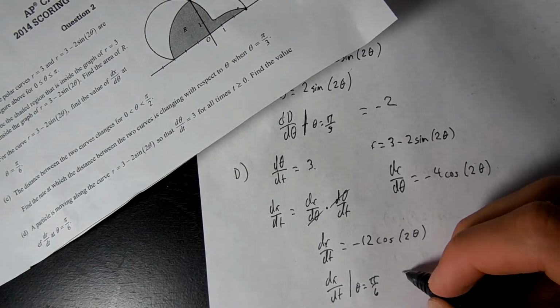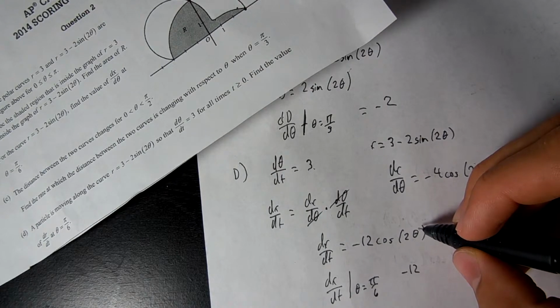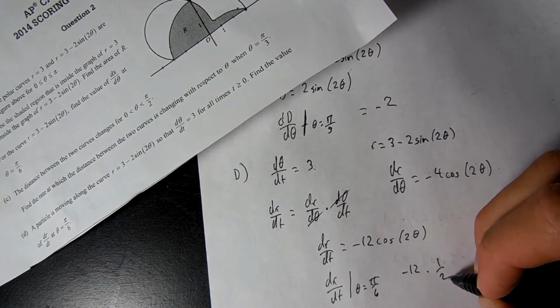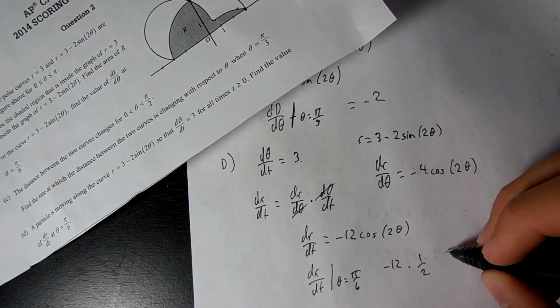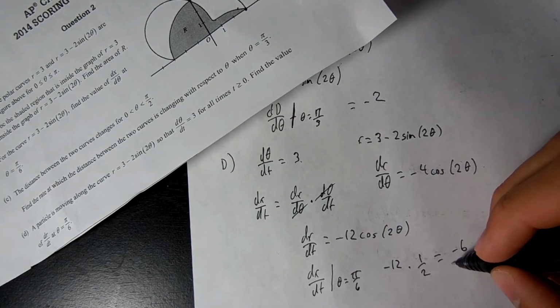And you'll get, plug in pi over 6, you get pi over 3. So I'll be using the unit circle, you'll get 1/2. And your final answer would be -6.